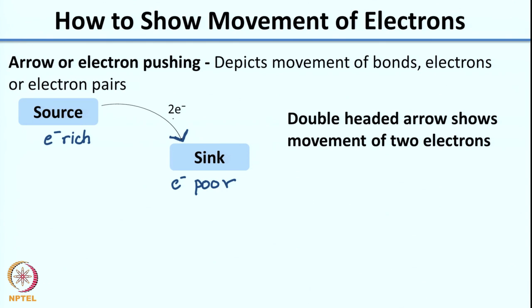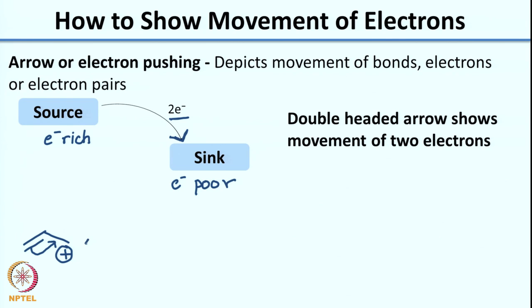So, a double headed arrow indicates you have 2 electrons moving. Now if I were to look at the structures that I showed you before, here it is very clear what your source is, it is these pi electrons. So, you start by drawing an arrow from the source to your sink.